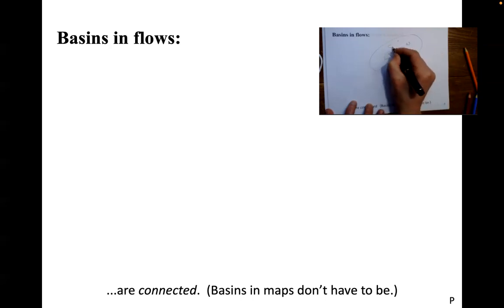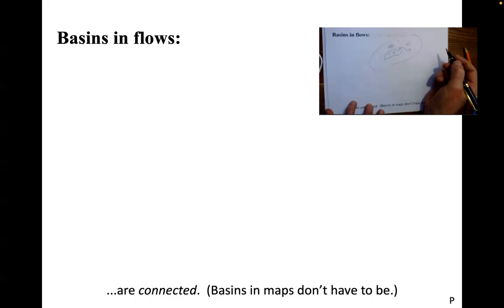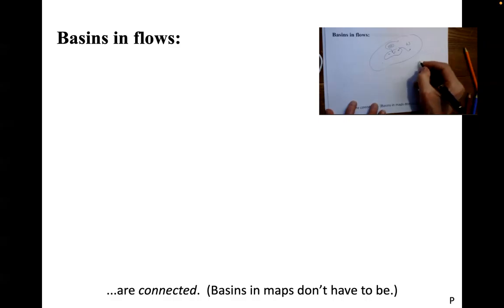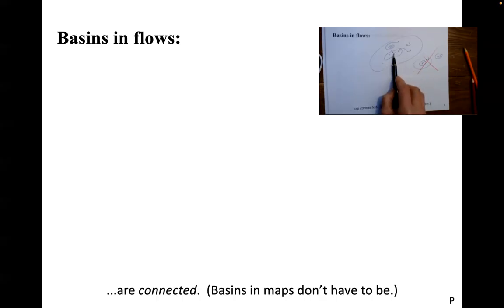Doesn't mean there can't be a hole in the basin, because this thing can go around the hole and down there. But it cannot be the case that there is an attractor living in the bottom of a basin W that has another piece way over there. That cannot happen. Not allowed. So basins and flows have to be connected because the initial condition needs to be able to run down in continuous time to the attractor.